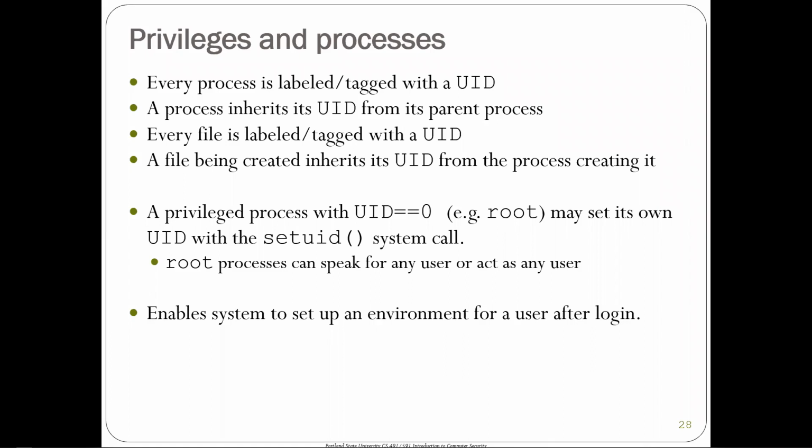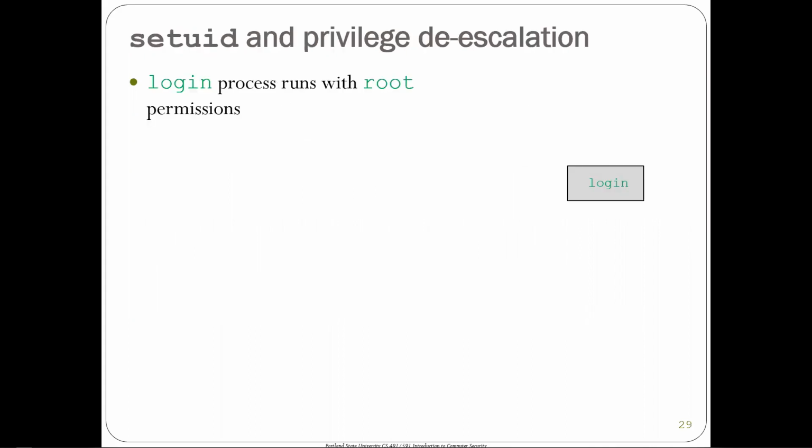So you need to be able to reduce or change the UID from the root process to something lower or something different. Okay, so this is how it works. How the setuid function works to de-escalate privileges. So we're going to talk about de-escalation first, and then we're going to talk about escalation second. So this is how de-escalation works, and the typical example to use is the login process.